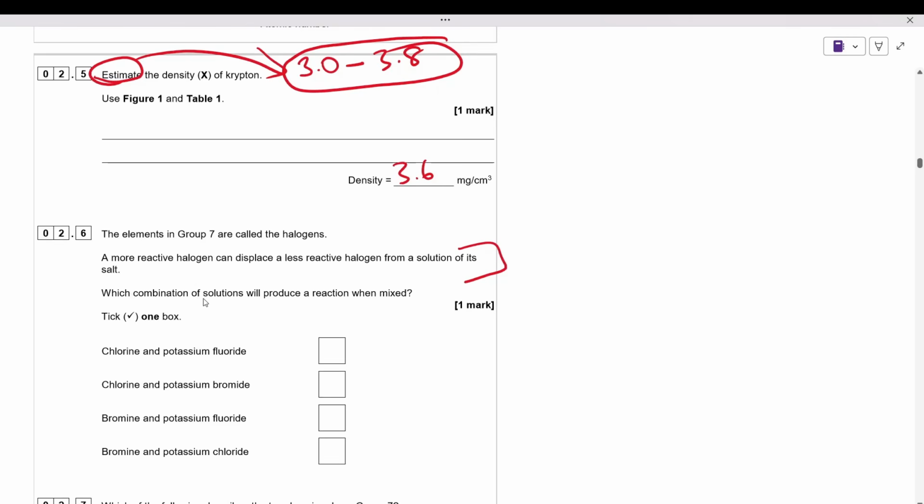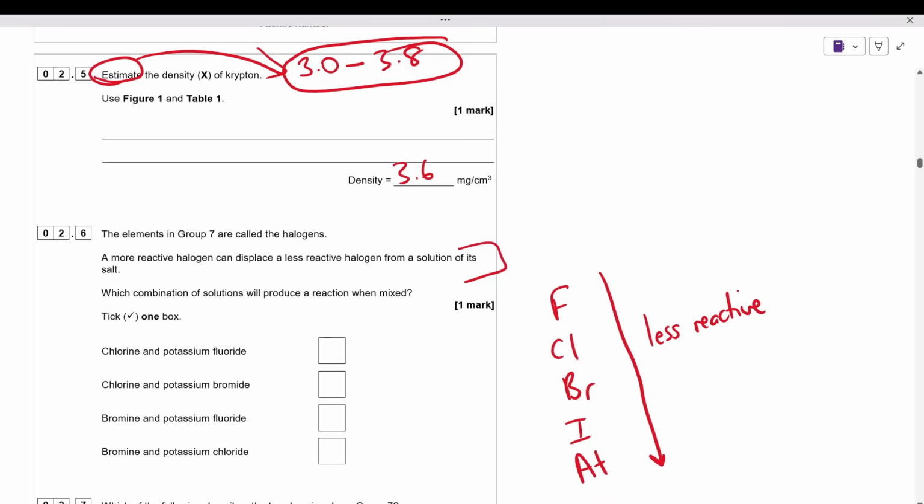Which combination of solutions will produce a reaction when they are actually mixed? So this is our halogens: chlorine, bromine, iodine, astatine. Now, as we move down the group, it becomes less reactive, because remember, our halogens are electron loving.